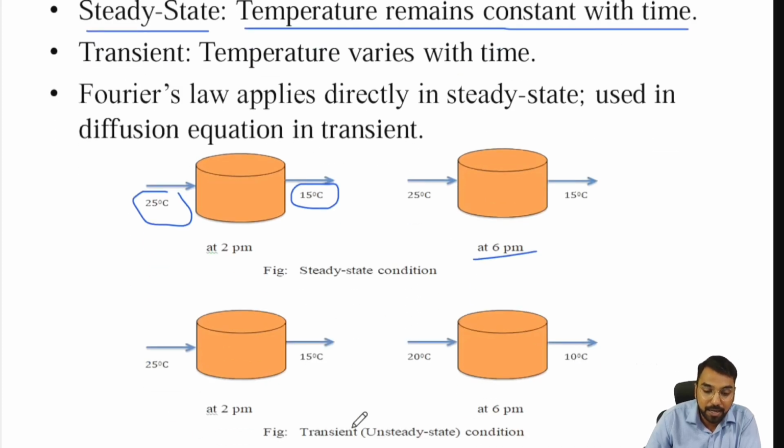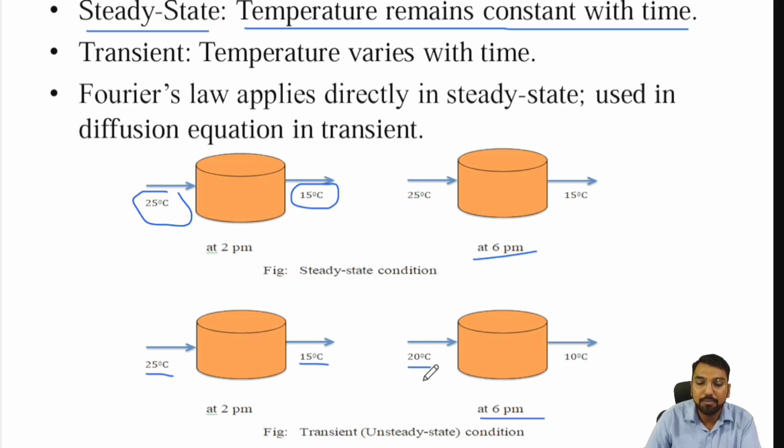And in transient, it is vice versa. In transient, let's say at 2 p.m. this cylindrical block is experiencing heat transfer from 25 degrees Celsius to 15 degrees Celsius, but after 4 hours at 6 p.m. this temperature will decrease due to some external effects, like the atmospheric temperature decreasing or atmospheric air having more velocity.